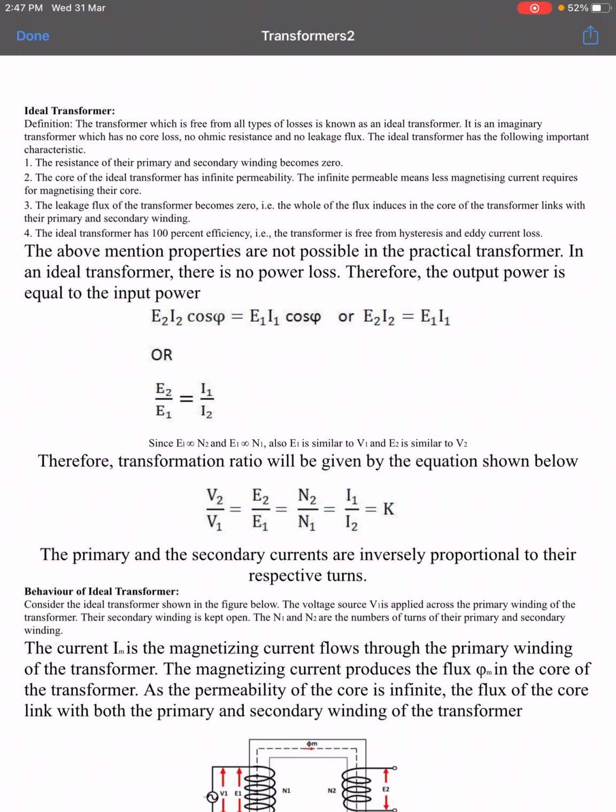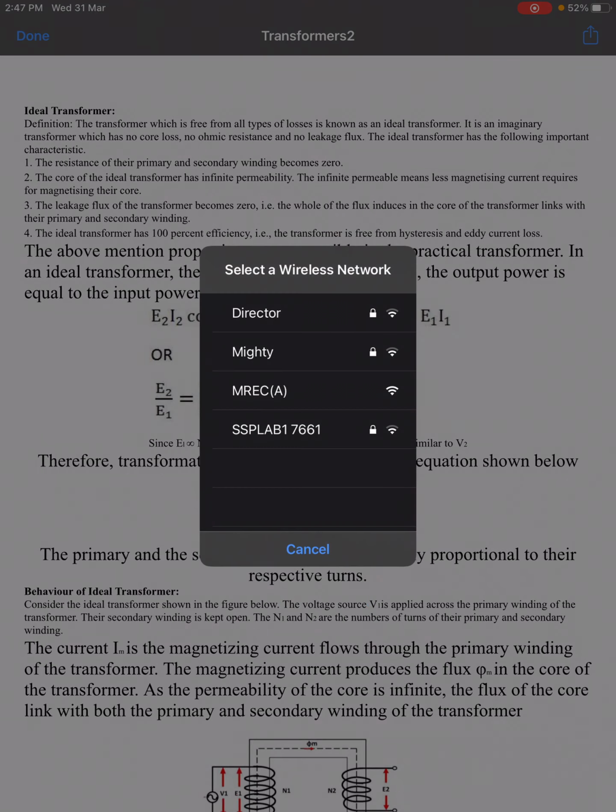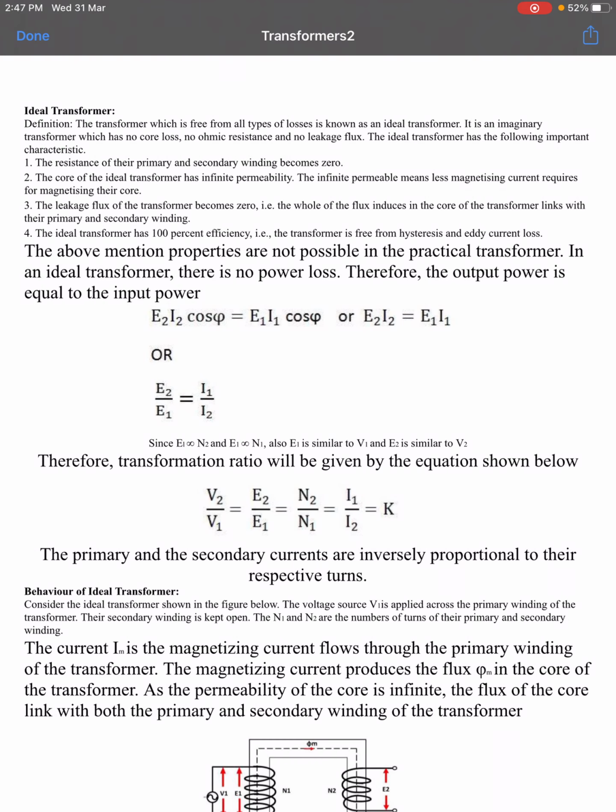The ideal transformer has the following important characteristics. The primary and secondary resistance should be 0, and the core has infinite permeability, which means a very small magnetizing current is required for magnetizing the core.